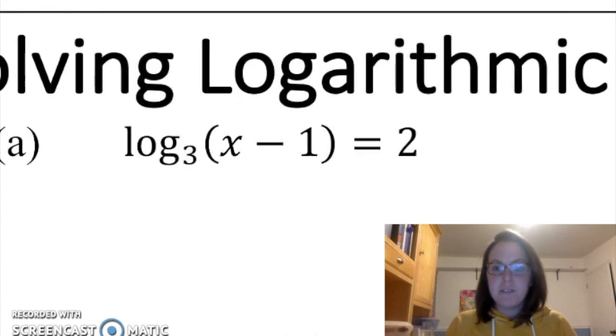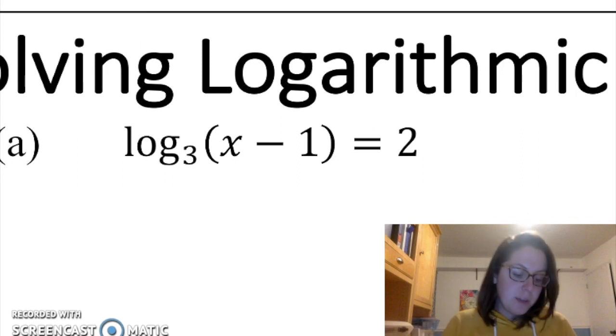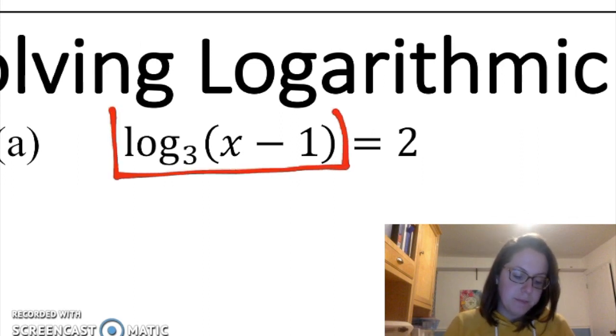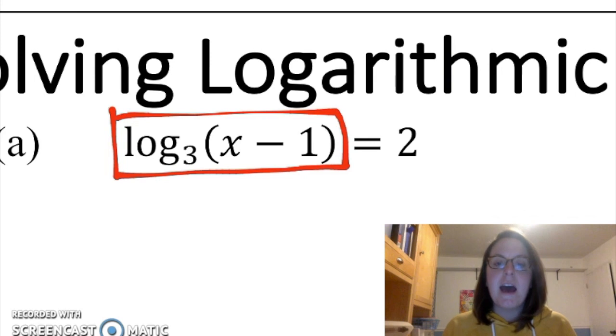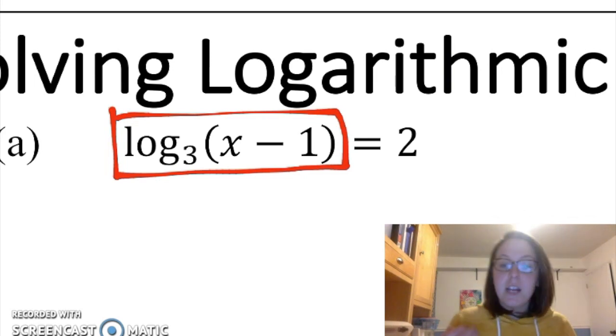When we solved these, remember the first thing I always told you guys was to take a rectangle and put your exponential or your log inside of it. On this one, that's my log, and I want to make sure that it is isolated. Here it is isolated. There's nothing else with it. Once it's isolated, you can convert.